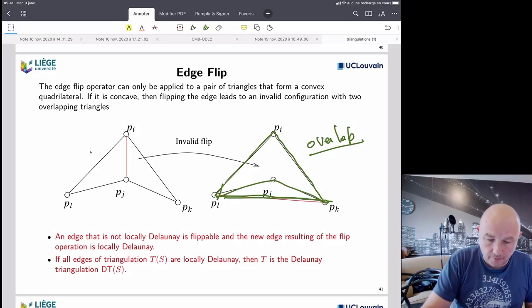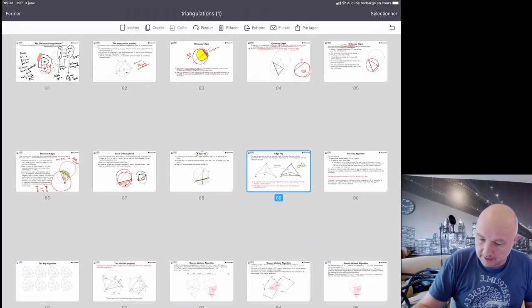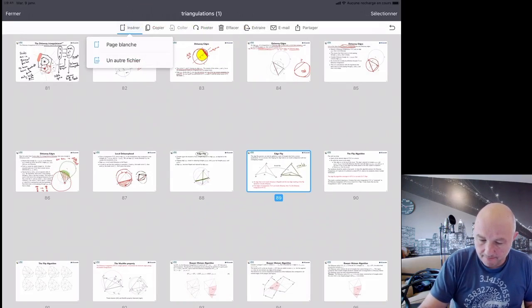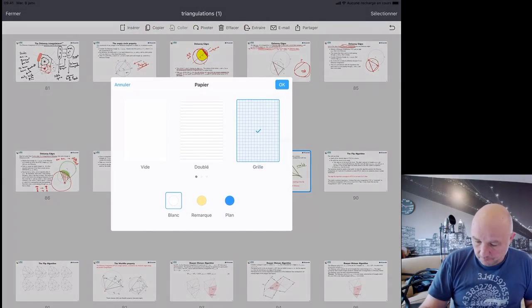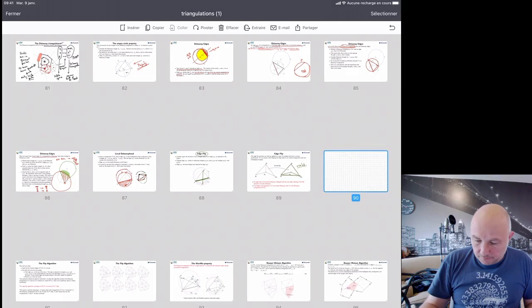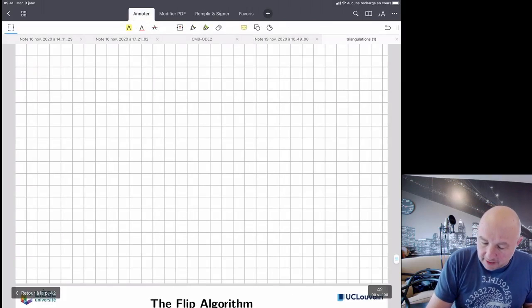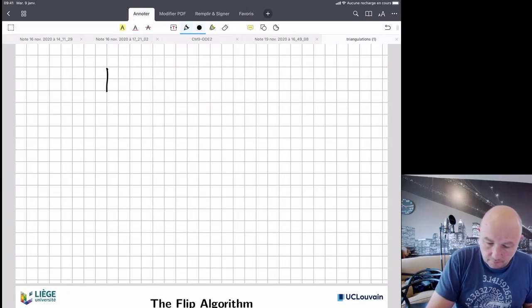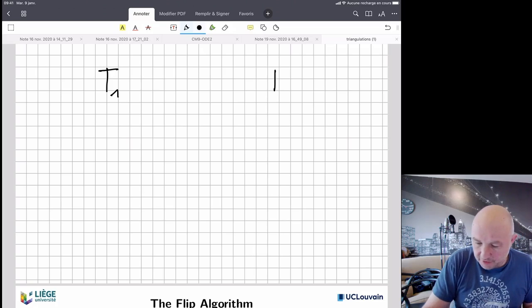Let's add a new slide. So imagine you have triangulation T1 and triangulation T2.